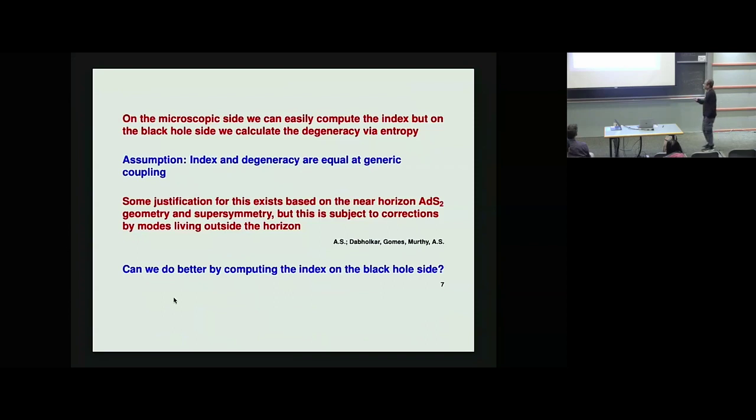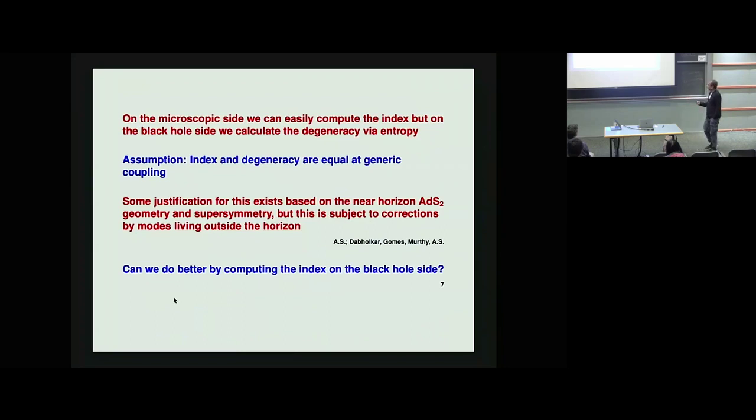One of the assumptions made in comparing the microscopic index and the black hole entropy is that the index and degeneracy are equal at generic coupling, and we believe the black hole entropy can be calculated at a generic coupling. Then we can just compare the log of the index calculated from the microscopic side with the log of the degeneracy calculated from the black hole side.